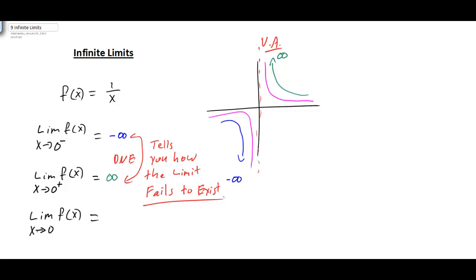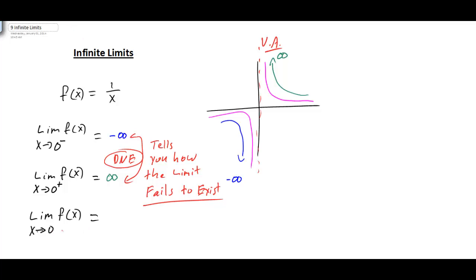Okay, so let me emphasize this again. We're not saying the limit is negative infinity. We're just saying that that's more of a way of explaining why the limit does not exist. So you'll notice that a lot of times for an answer here, if your limit is going to negative infinity or if it's approaching positive infinity, you could say the limit does not exist, or you could be more specific and say the answer is infinity, but you're really emphasizing how the limit fails to exist.